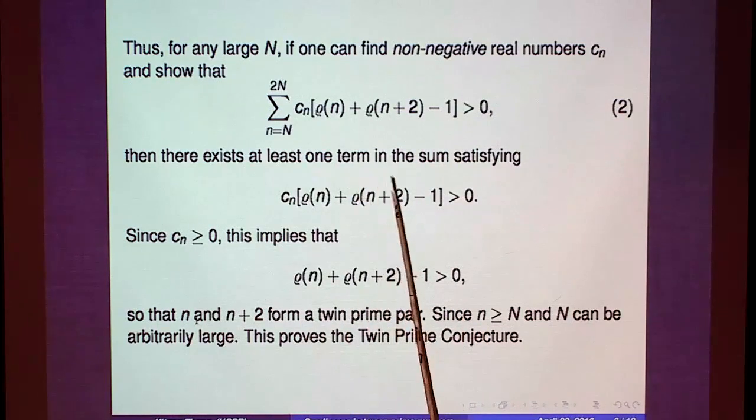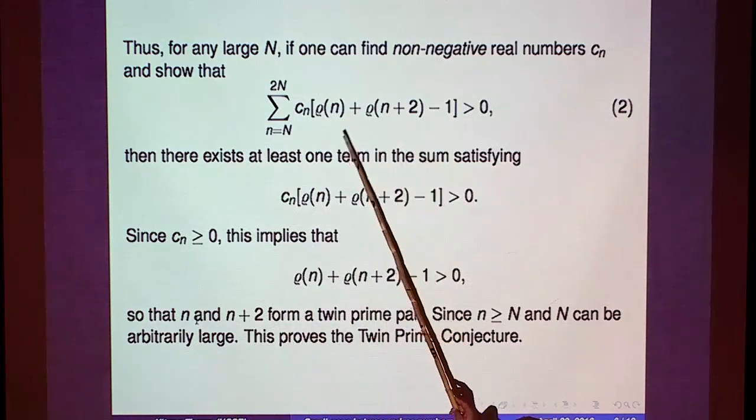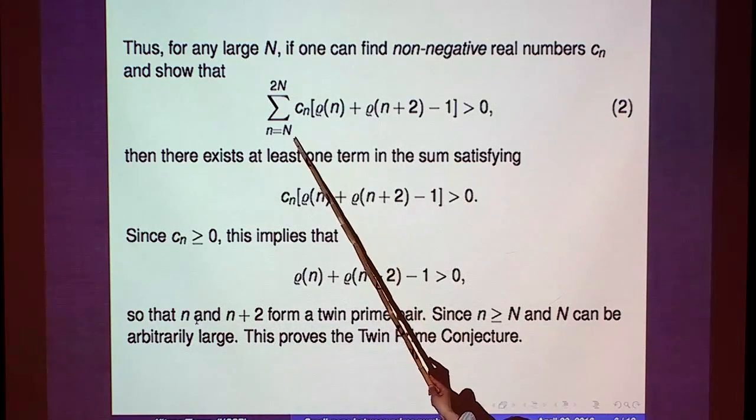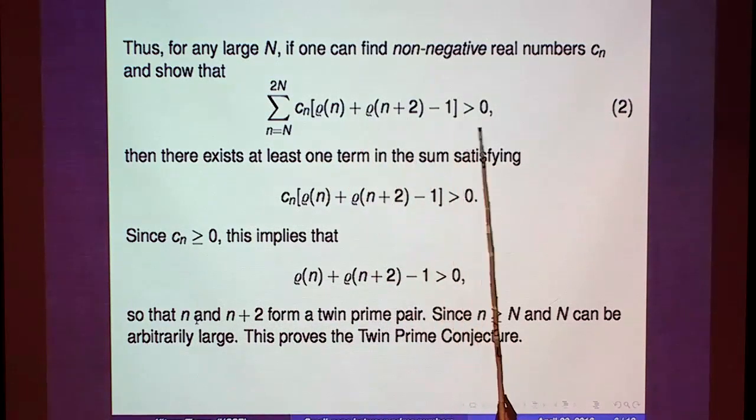What I can say is we cannot choose very simple values of C sub n: C sub n equal to 1, C sub n equal to n, C sub n equal to n squared. You may try, but what I can tell you is that it never works. Usually we choose some C sub n and find the sum is negative, not positive.